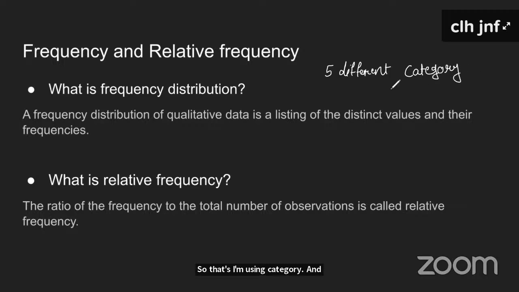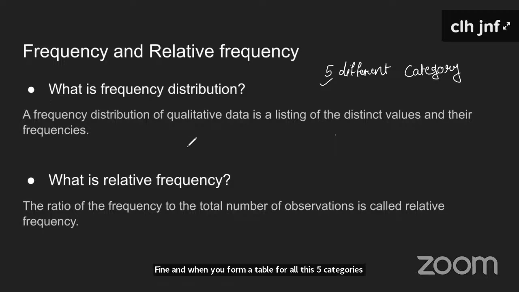Then you calculate the occurrence of each category, and the total number for a particular category is its frequency. When you form a table for all these 5 categories and their counts, that is nothing but the frequency distribution.